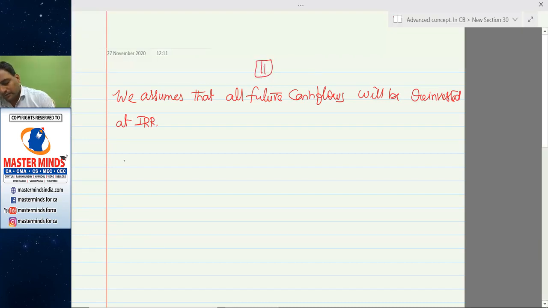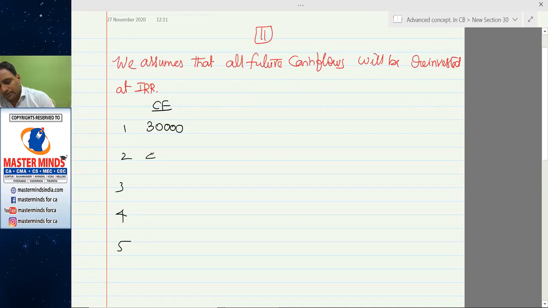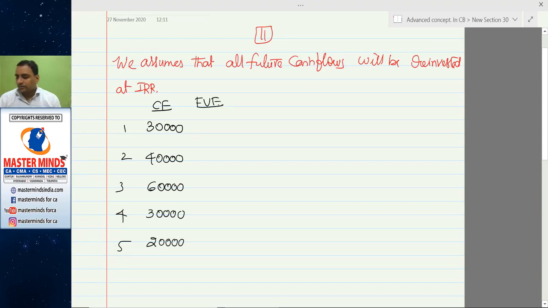Now tell me, first year, second year, third year, fourth year, fifth year. At the end of first year, you will get 30. At the end of second year, you will get 40. At the end of third year, you will get 60, 30, 20. So future value factor.